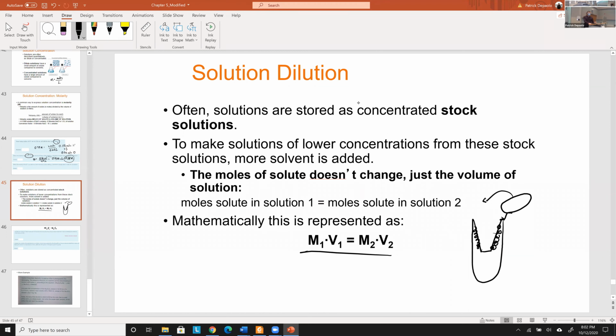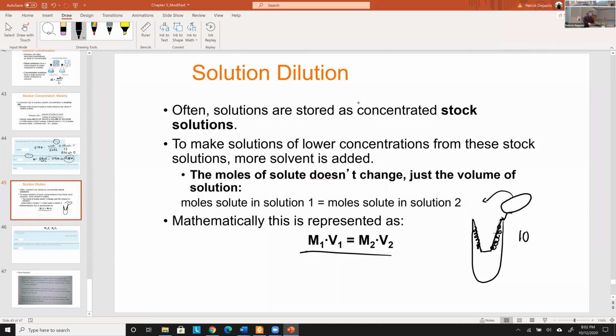So what happens is you put your solution in. Usually what we're trying to concentrate is proteins or cells or something that's macromolecules, pretty big molecules that are thousands of grams per mole. Their molar mass is in the thousands. So we want to use this concentrator that has a cutoff.